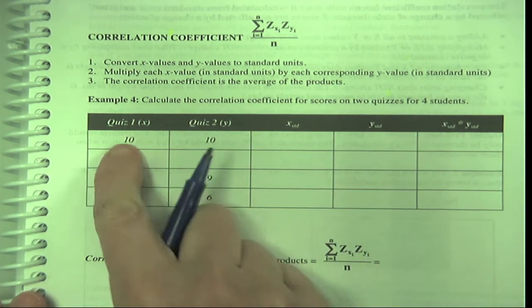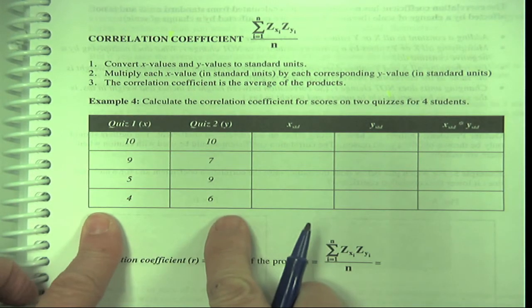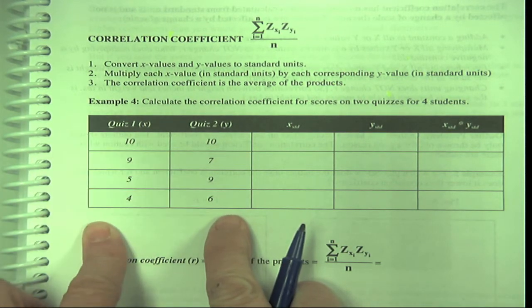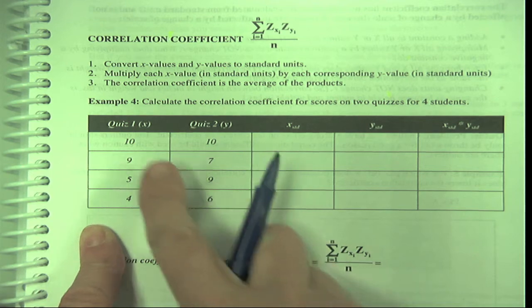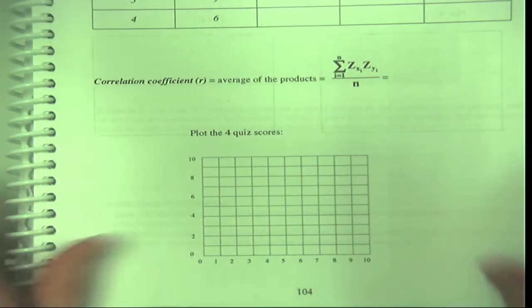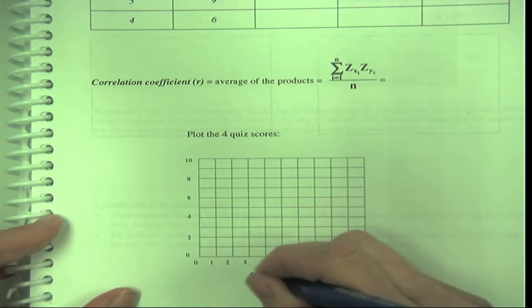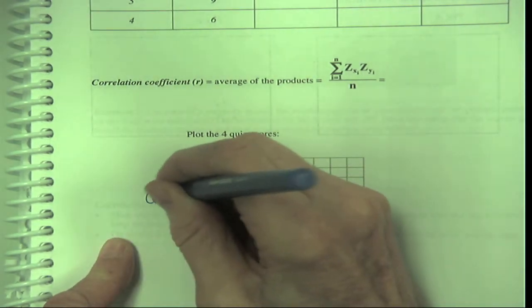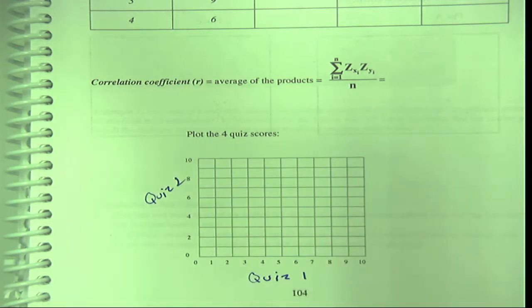So here's an example, there's 4 people here, and this is their score on quiz 1 and quiz 2. And we can graph it here, quiz 1 and quiz 2. This will be quiz 1. I'll put that on the x-axis, because you think quiz 1 came first, it might predict quiz 2. So that would be the convention.